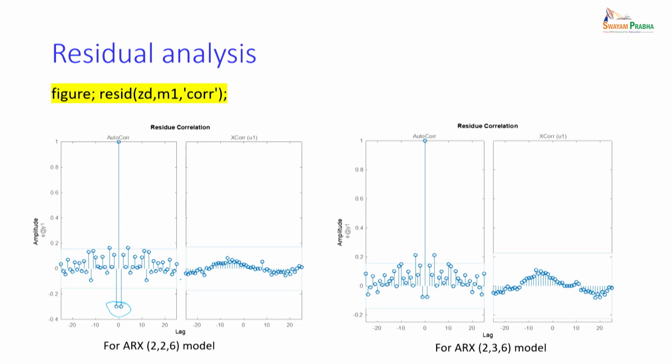And for the 2-3-6 model, we do have a slightly better autocorrelation for the residual. And of course, in both cases, the cross correlation is 0.